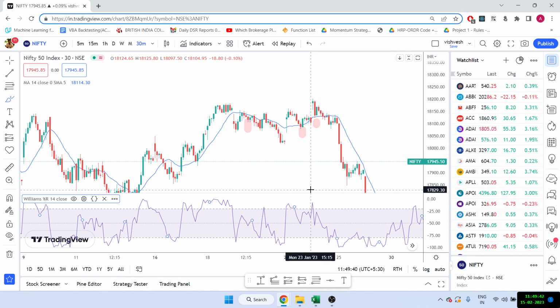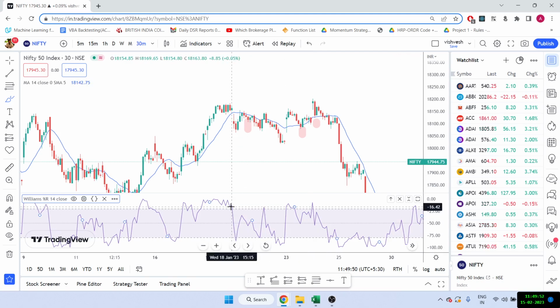Now let us look at the rules of when we are going to take the trade. Let's say when we are going to take a short entry, a selling entry, what are the rules? The first rule is in Williams percentage R. You can see that it has gone below -80. So that's the first thing that's done. After that, it has come up.